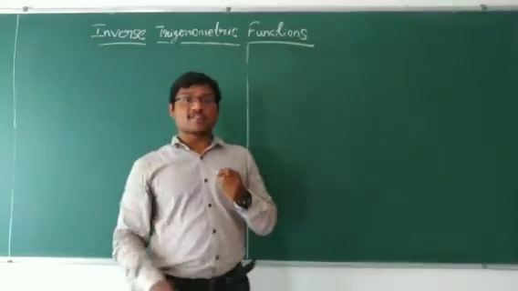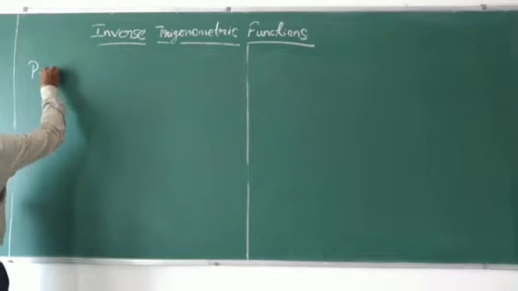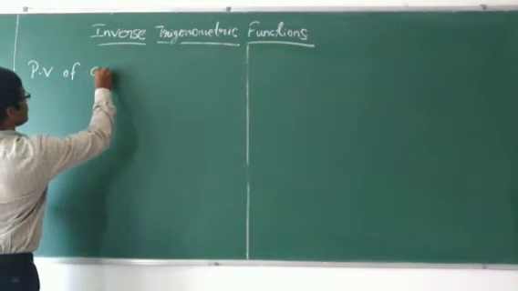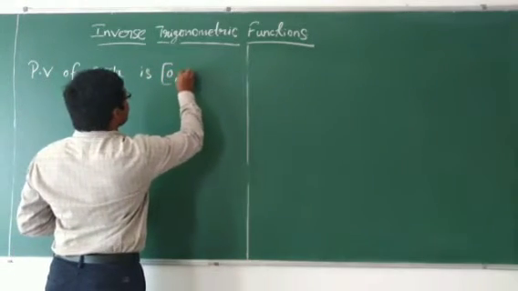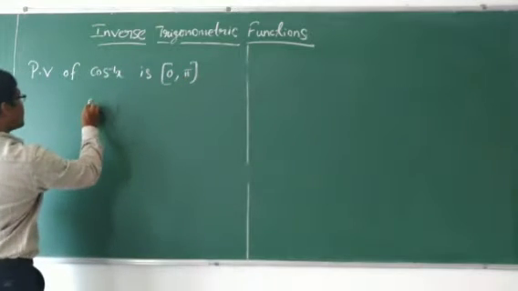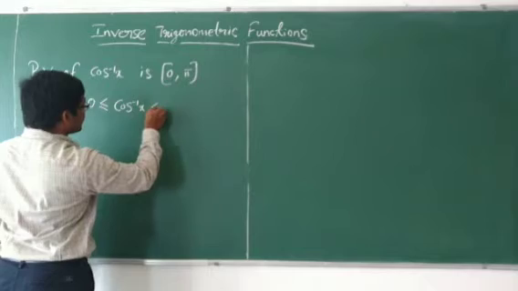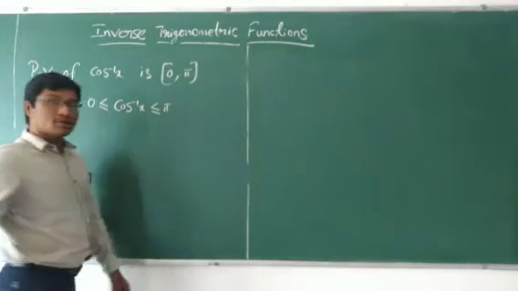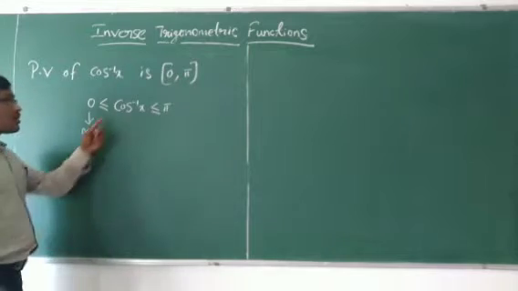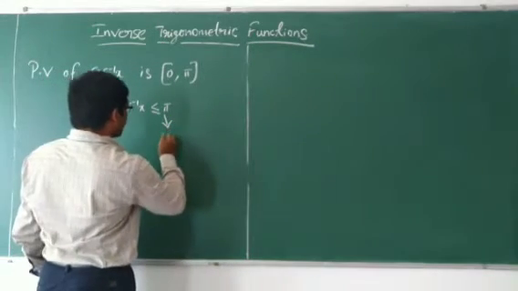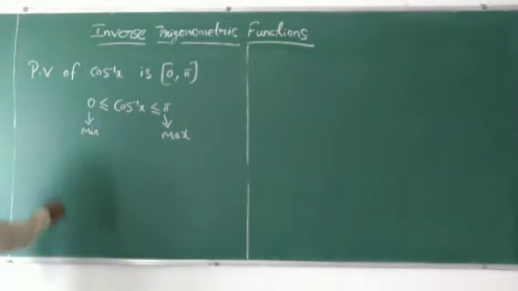Let's study the same concept for cos inverse x. The principal value of cos inverse x is 0 to pi. Now this can be written as 0 less than or equal to cos inverse x less than or equal to pi. 0 is the minimum value of cos inverse x. Pi is the maximum value of cos inverse x.